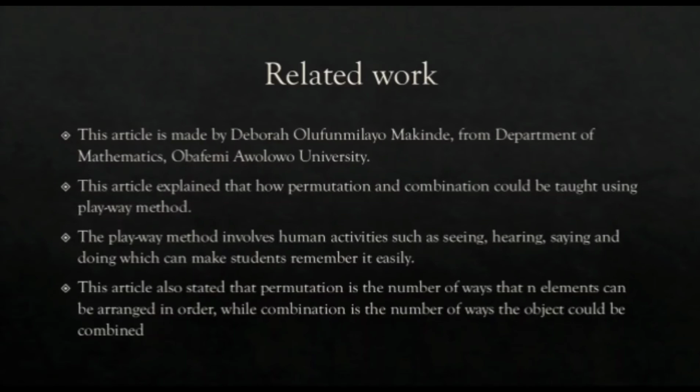This article explained how permutation and combination could be taught using the Playway Method. The Playway Method involves human activities such as seeing, hearing, saying, and doing, which can make students remember it easily. This article also states that permutation is the number of ways that n elements can be arranged in order, while combination is the number of ways the objects could be combined.